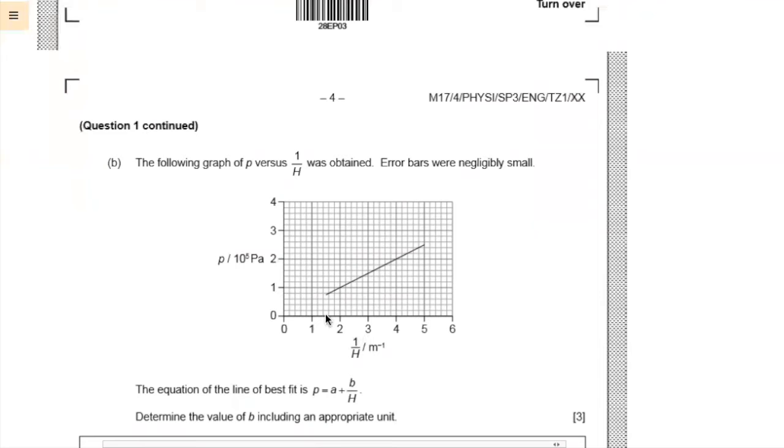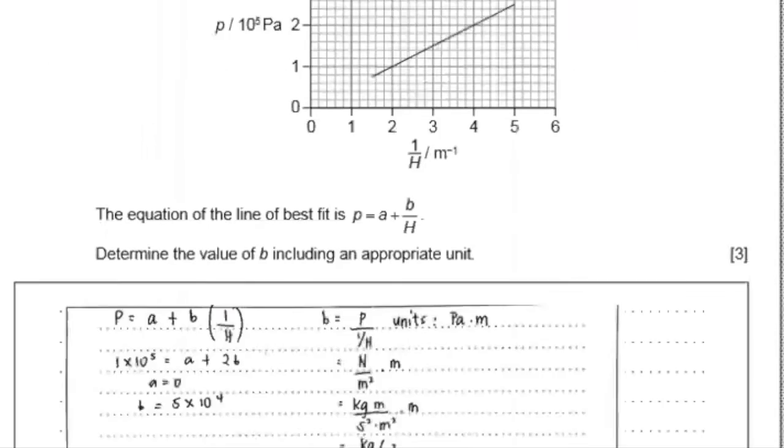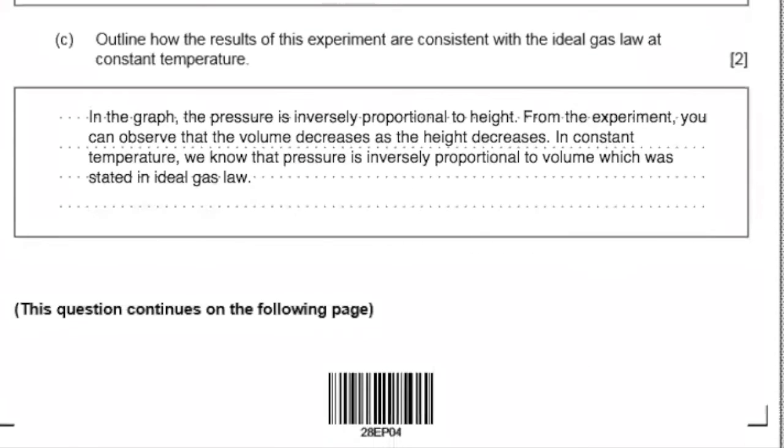In the system, the volume is directly proportional to the height. So as the volume decreases, the height also decreases. So we can say that the pressure is inversely proportional to the volume, and that is the idea for the ideal gas law at constant temperature.